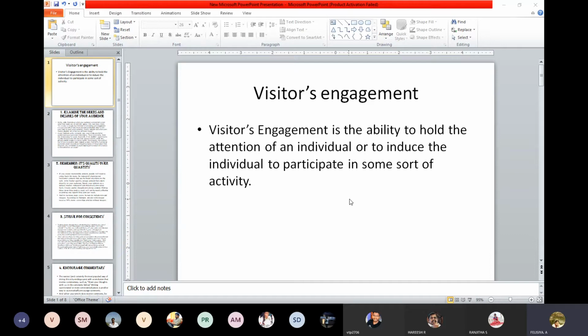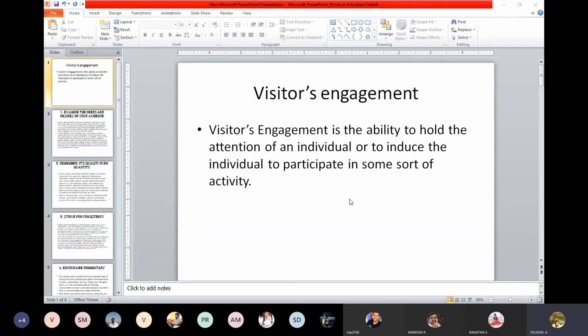If the visitors, the person who is trying to see your product, spend more time on it, it means they are showing some interest towards your product. If they are aware about your product, then only they will try to spend time.